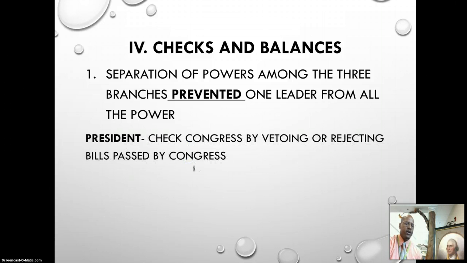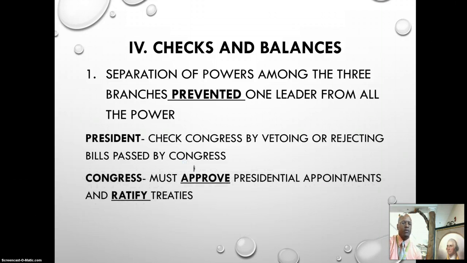You have the president. He can check Congress by vetoing or rejecting any of the bills that they pass. Now, the Congress can check the president by looking at his appointees, whether it be ambassadors or persons who we want to sit on his cabinet, and vetting them, so they can see who the president is putting there.